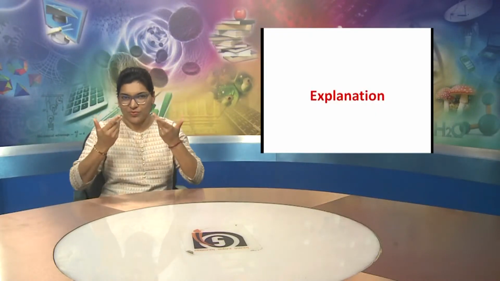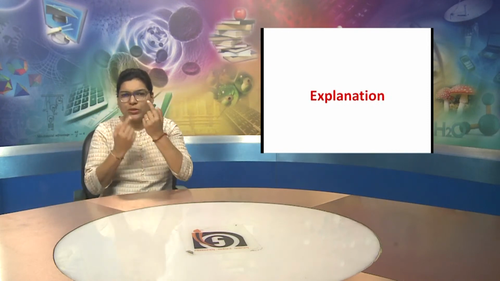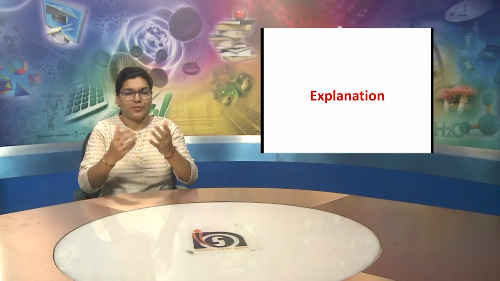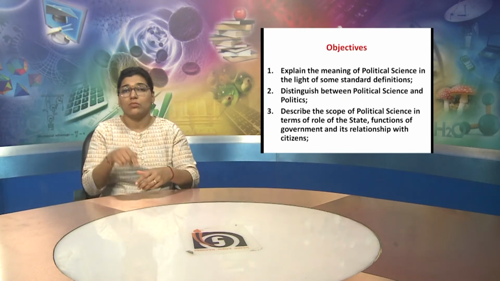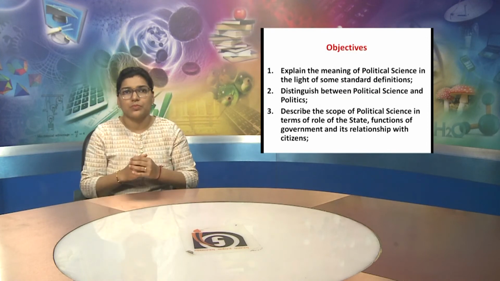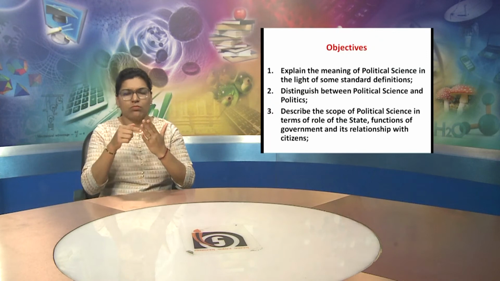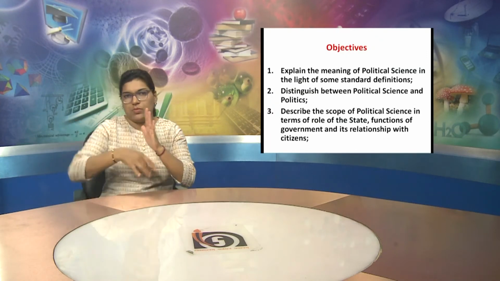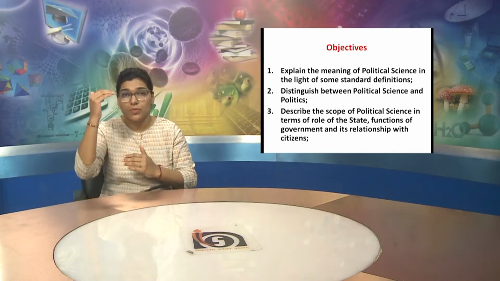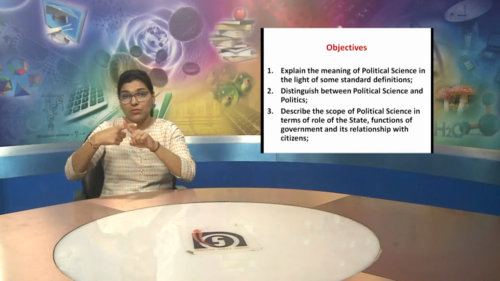So by now we have finished the difficult words. Now let's begin with the explanation of political science in detail. Objectives of this lesson. First, to explain the meaning of political science in the light of some standard definitions.